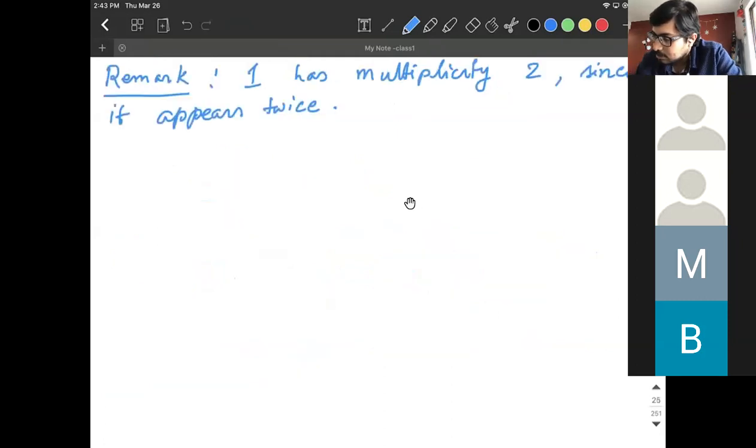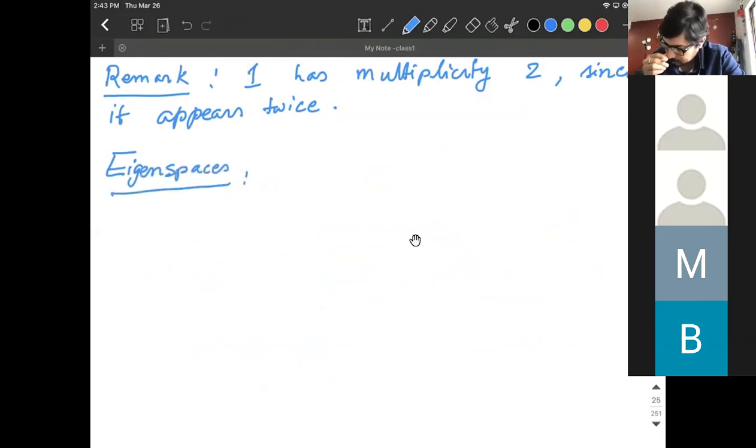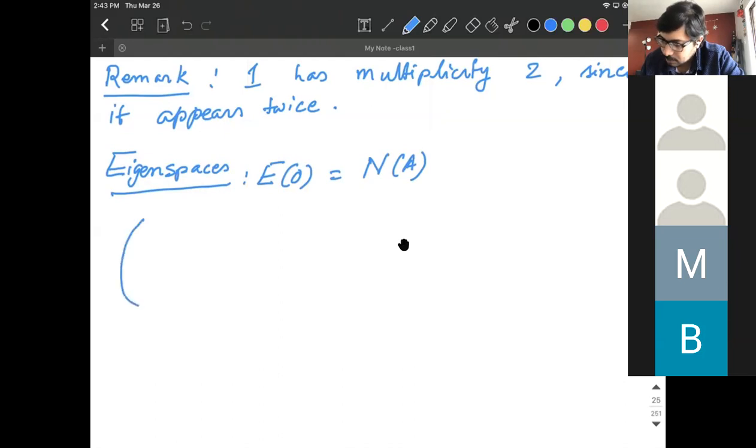So let's see. Then the eigenspaces. Let's concentrate on the eigenspaces. The first is related to 0. So E0 is simply the null space of A. What is your A? 2, minus 3, 1, then 1, minus 2, 1, 1, minus 3, 2.